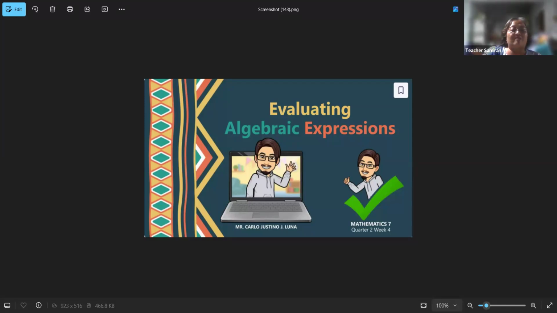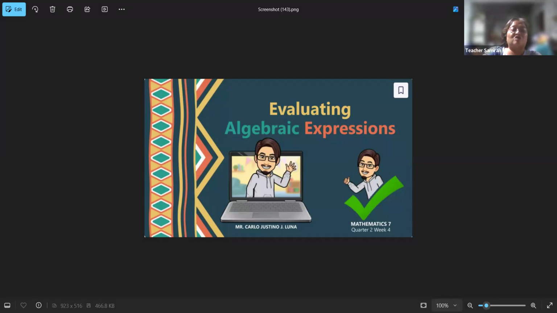And then algebraic expressions: any combination of one or more constants and variables along with at least one mathematical operation. What are the mathematical operations?